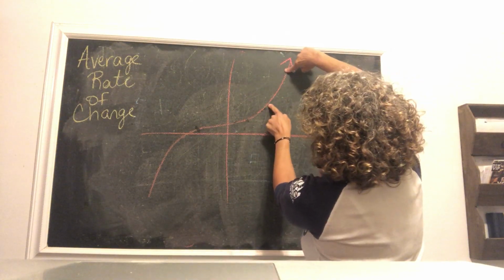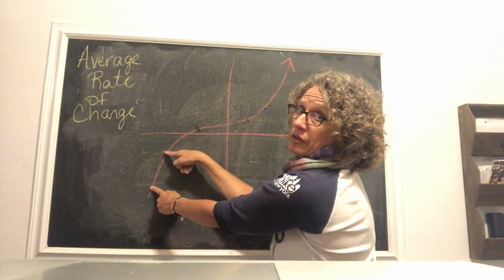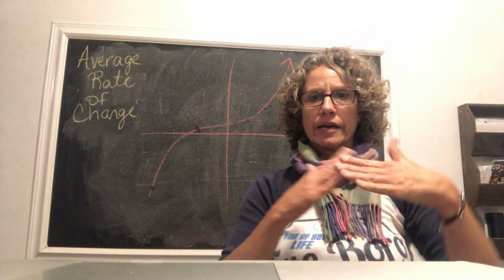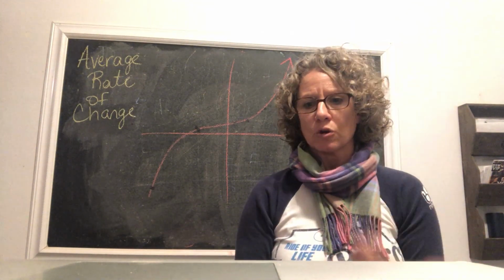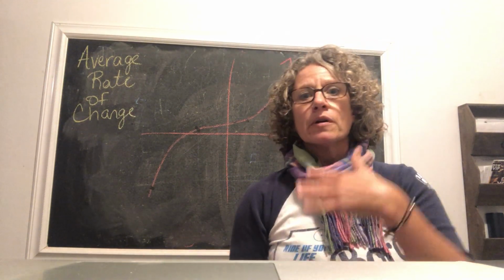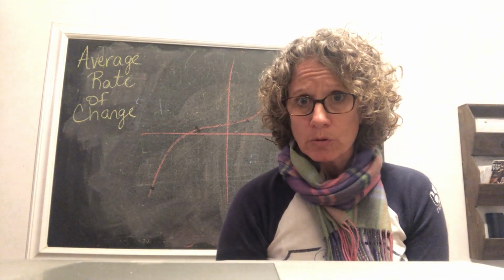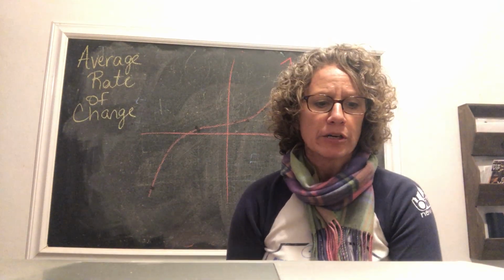It'll be greater between these 2 points, or between these 2 points. So think of it as drawing that secant line, connecting the 2 points, and then looking at the slope of that line. What is that slope doing? Is it increasing? Is it decreasing? Is it steep? Is it approaching a horizontal line where that would be 0 slope? And those are different clues that can help you know that you're on the right track.